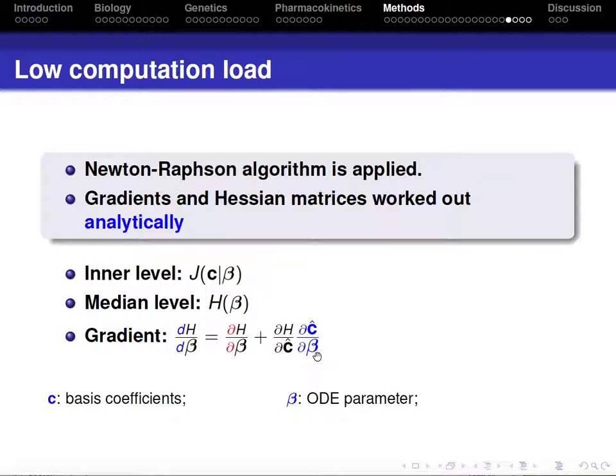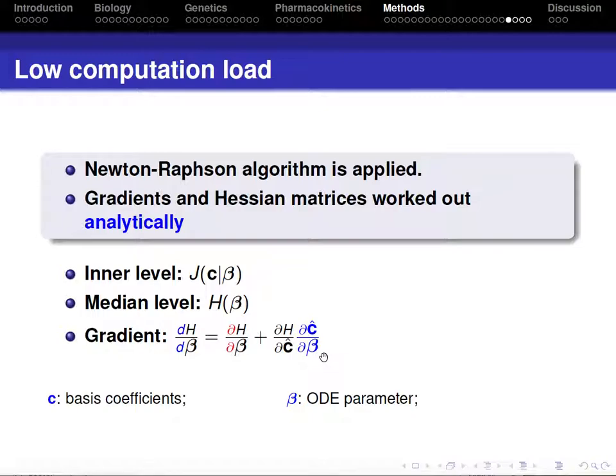So we can find these two partial derivatives, with respect to beta and with respect to C hat, analytically. That's no problem because you can write down the criterion H analytically, right? The only problem is this term, the derivative of C hat as a function of beta, because we cannot write down the formula of C hat as a function of beta.